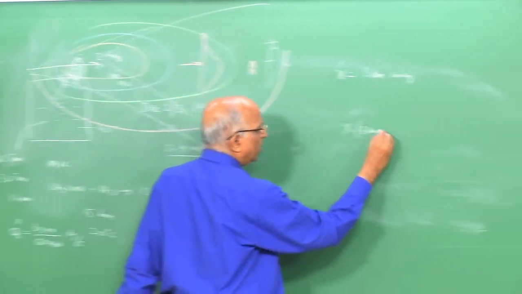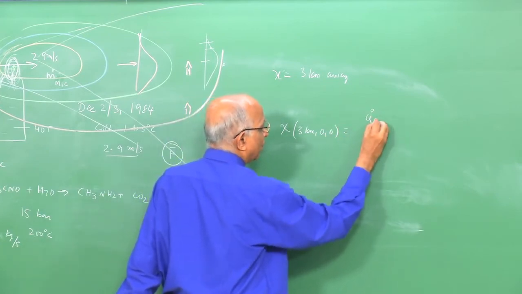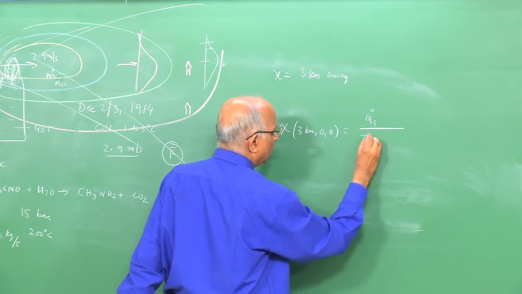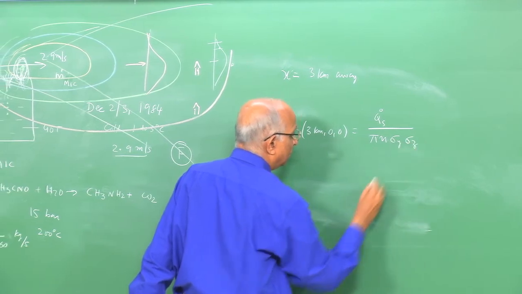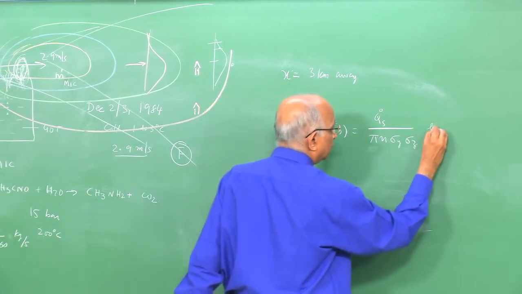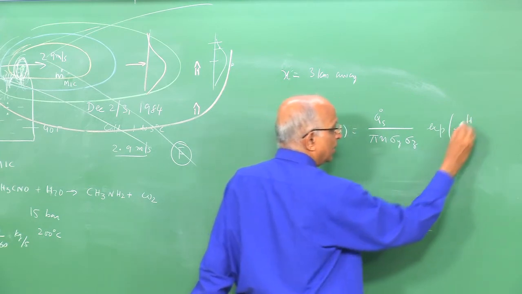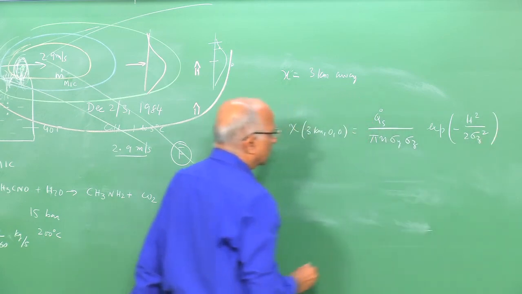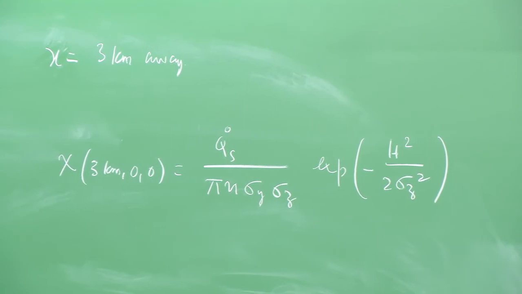Therefore, at 3 kilometers away, the centerline concentration I write as equal to Q dot S divided by pi u into sigma y into sigma z into exponential of minus the height from which the release takes place, h squared divided by 2 sigma z squared. Therefore, let us put the numbers down now.